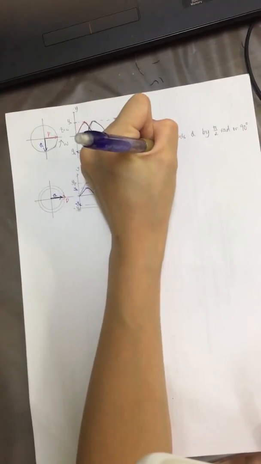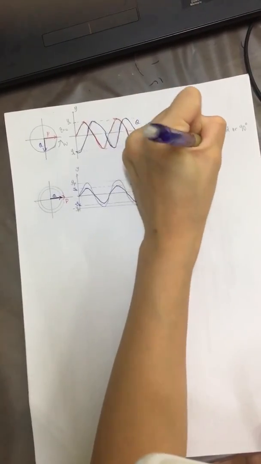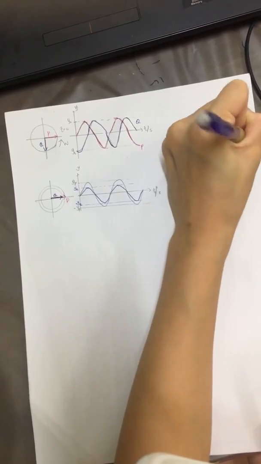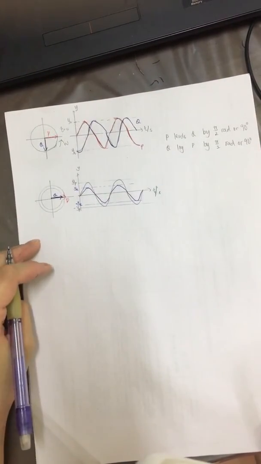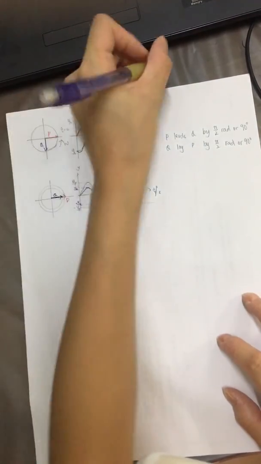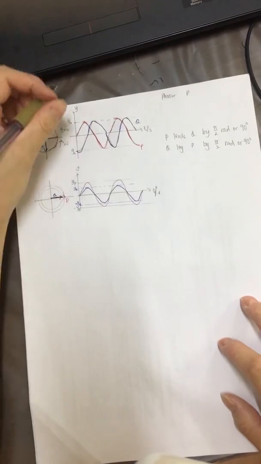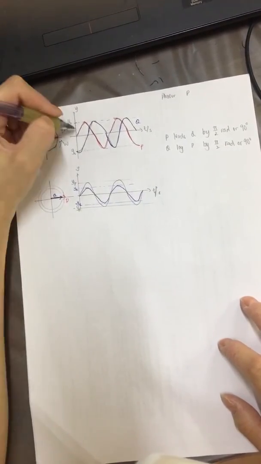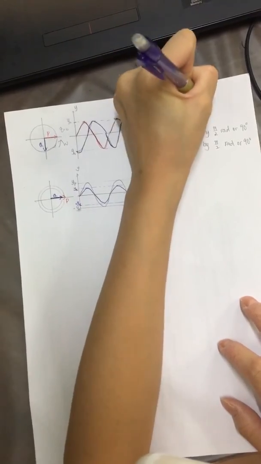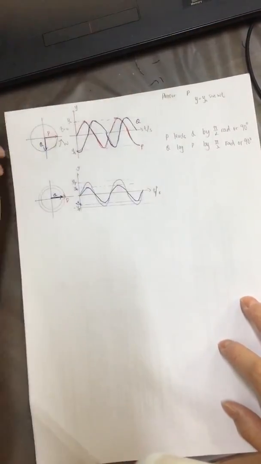In other words, we say Q lags P by pi per 2 radian or 90 degrees. If you want to write it in equations, for phasor P, because it is a sine graph and generates a sine wavefront, you will have y equal to y naught sine omega t.